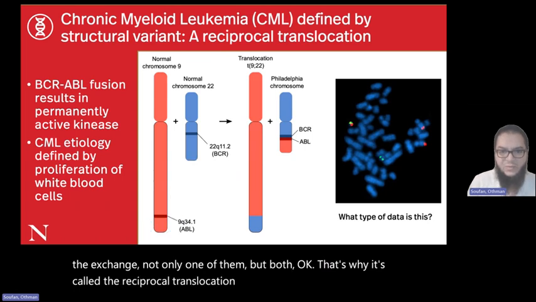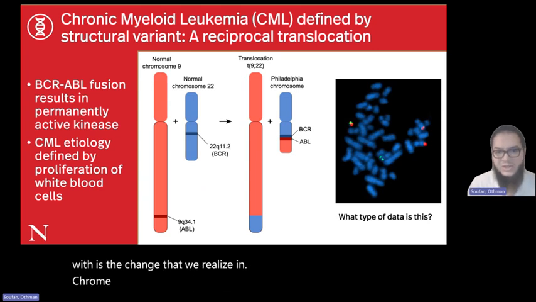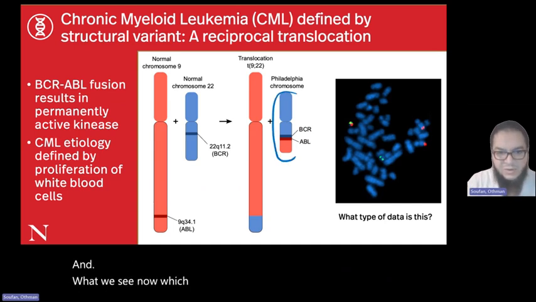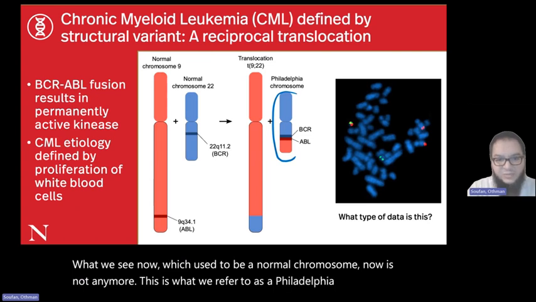What we're going to end up with is the change that we realize in chromosome 9 with this translocation, and what we see now, which used to be a normal chromosome, now is not anymore. This is what we refer to as the Philadelphia chromosome.